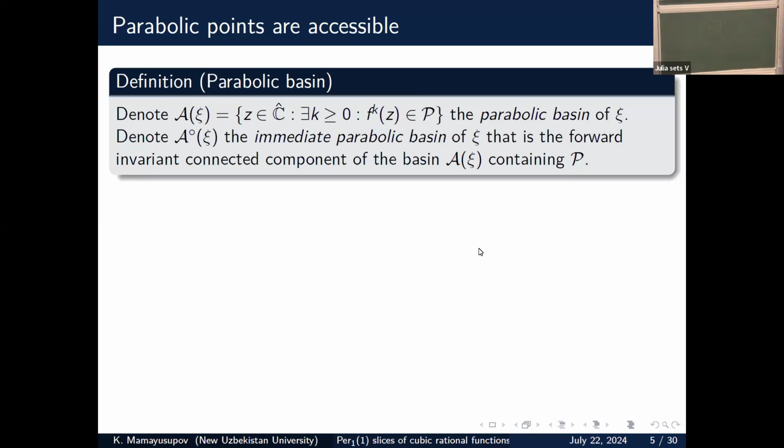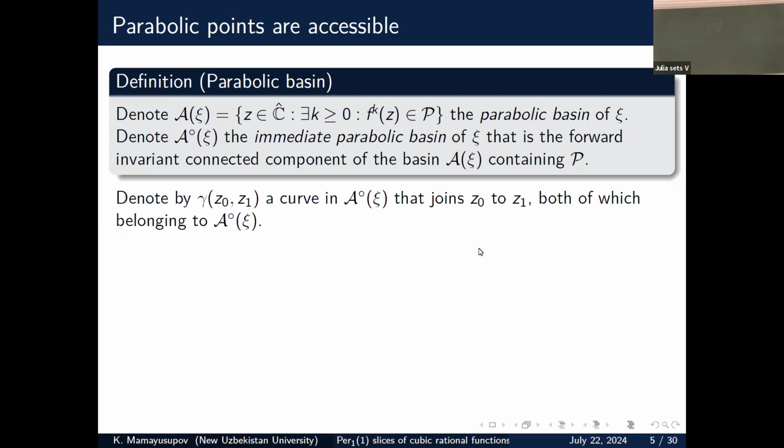In the rational situation, you can have other components, and the immediate basin is the component of the basin where you have a fixed point on the boundary, or it's the component containing this petal. Now I need to define access to the parabolic fixed point.